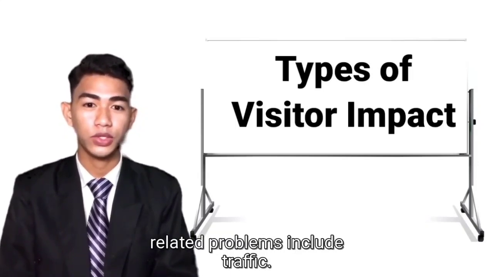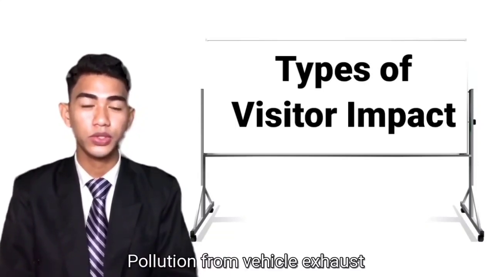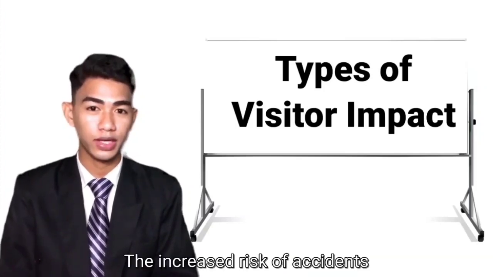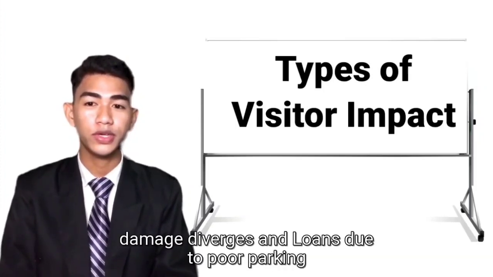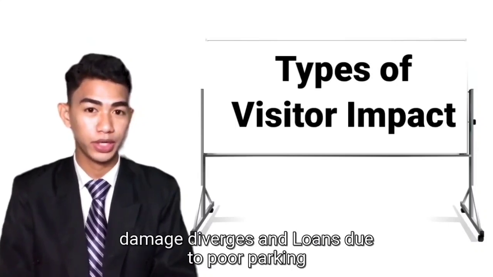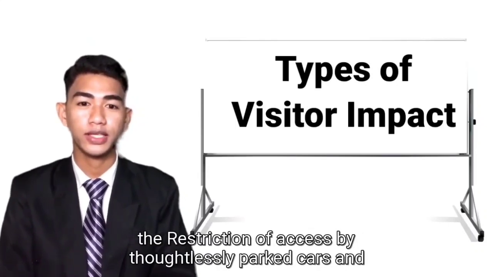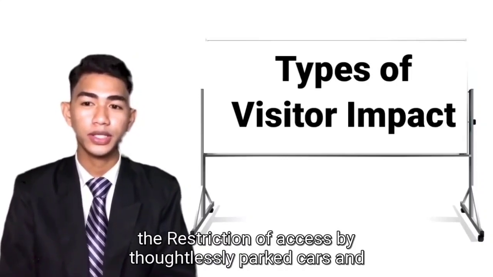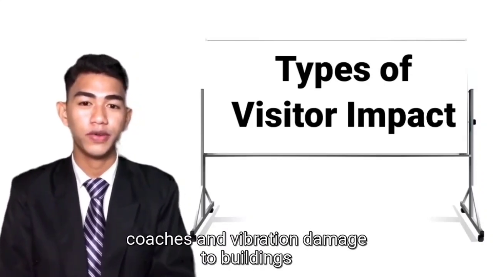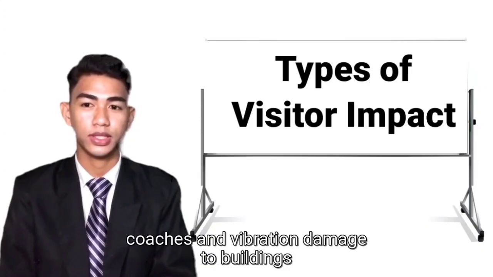Traffic-related problems include traffic congestion, pollution from vehicle exhaust, the increased risk of accidents, damage to verges and lawns due to poor parking, the restriction of access by thoughtlessly parked cars and coaches, and vibration damage to buildings.